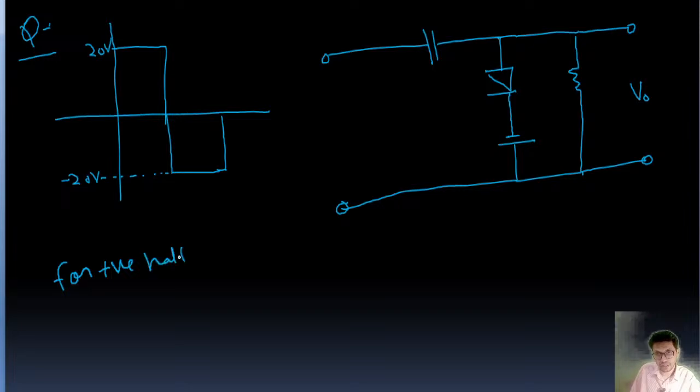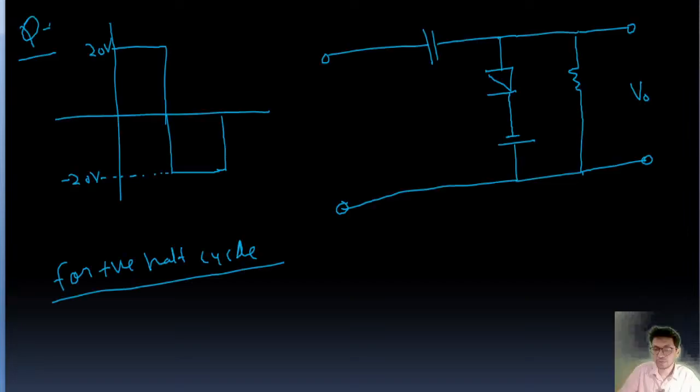Now for the positive half cycle, we'll find this circuit. So this is going to be like this.